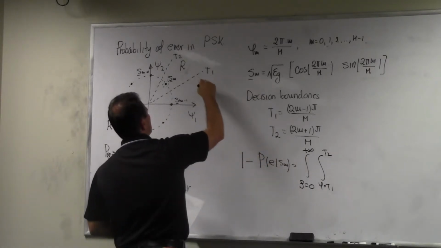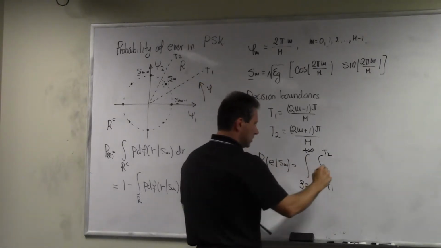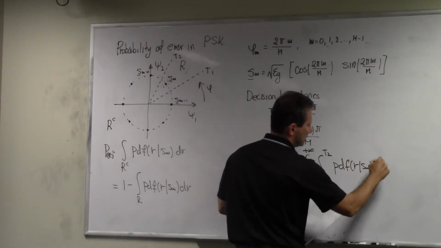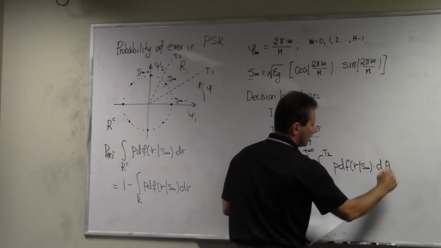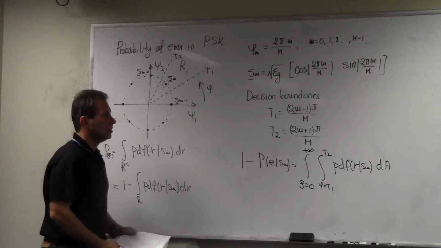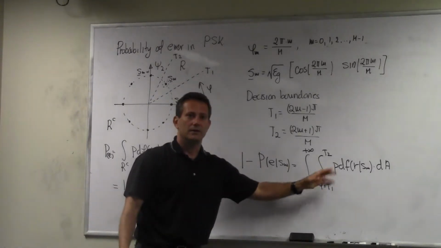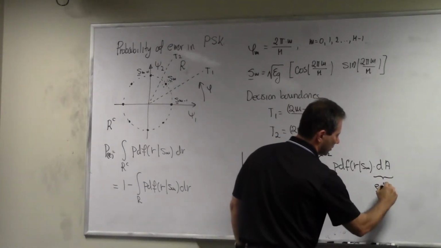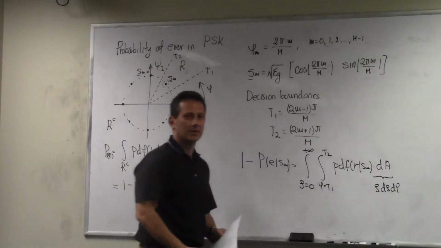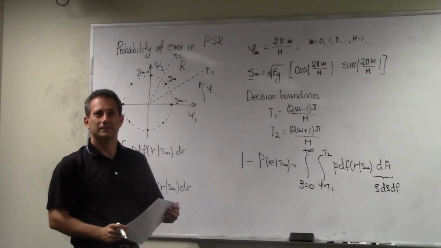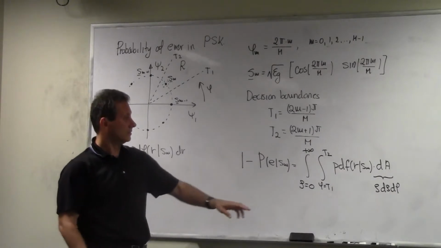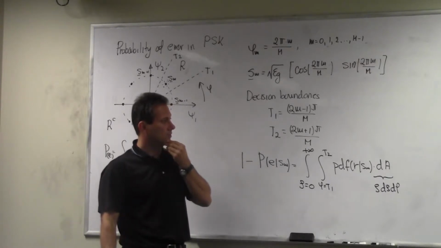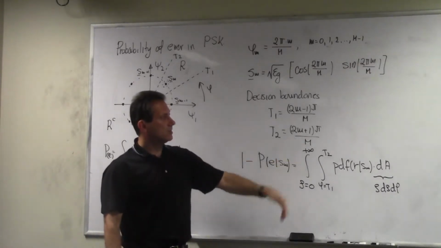And this is now the PDF of r given Sm, and then the element of the surface, which is going to be rho d phi. In polar coordinates, this becomes rho d phi. I know you've seen that somewhere. Jacobian. Yes, this is the Jacobian when you transfer from Cartesian coordinates to polar. Okay, so this is what we need to evaluate.